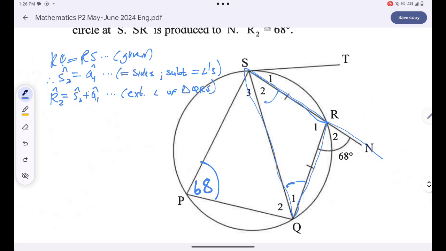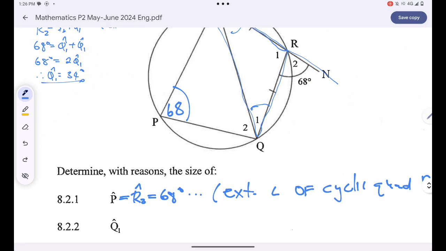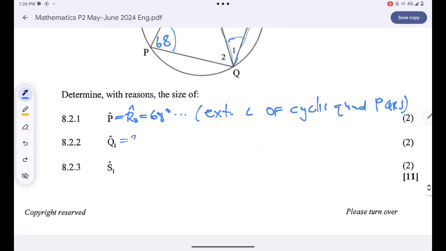I know that R2 is 68 degrees, but both S2 and Q1 are equal, so I can simply write Q1 plus Q1. So 68 degrees is 2 times angle Q1. Therefore, Q1 is just 34 degrees.